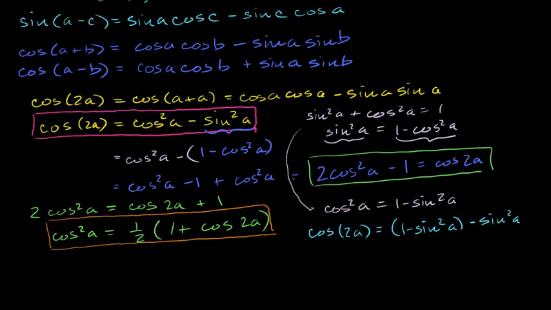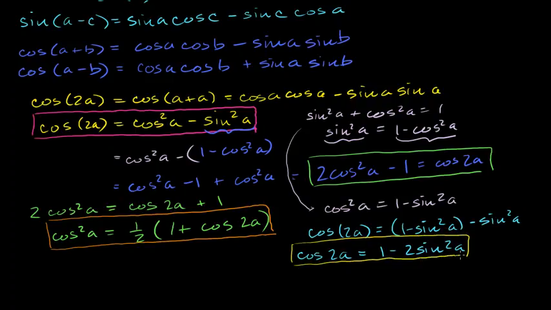So I have a minus sine squared of a minus another sine squared of a. So I have 1 minus 2 sine squared of a. So here's another identity, another way to write my cosine of 2a. We're discovering a lot of ways to write our cosine of 2a.